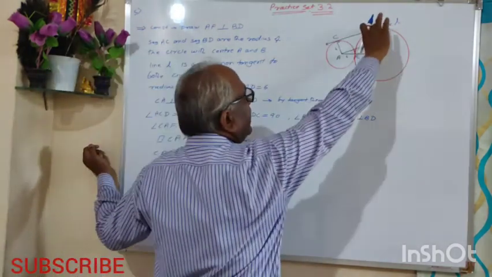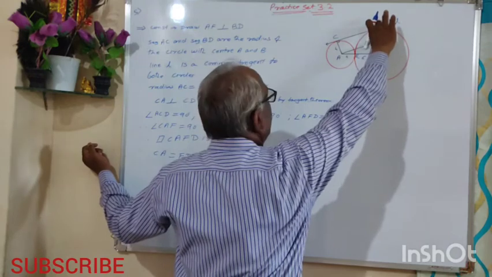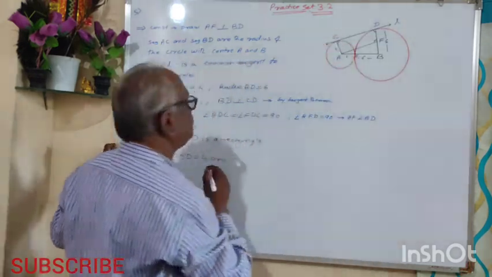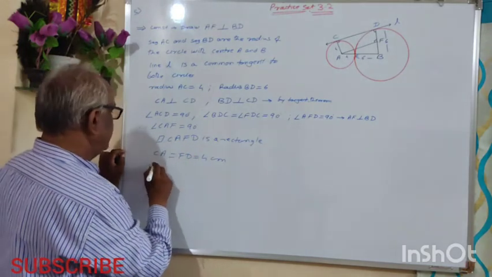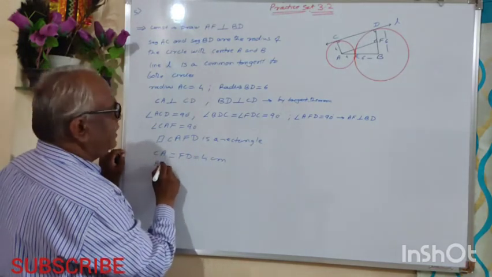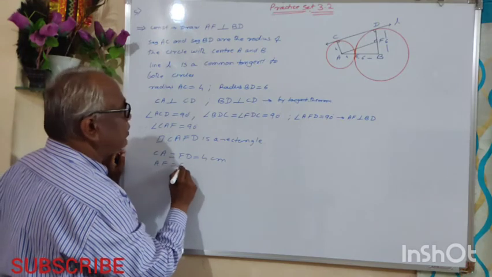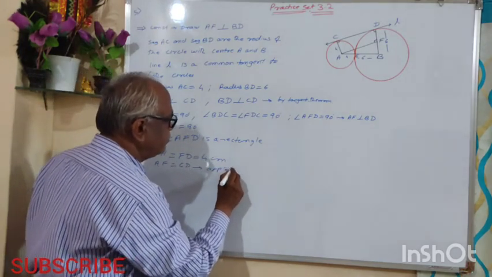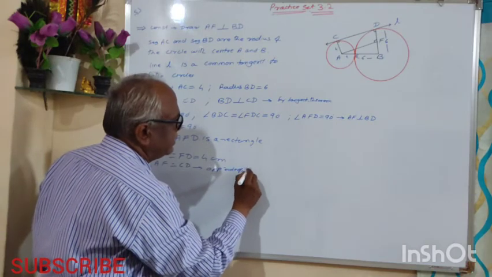Now CA and FD, they are the opposite sides of the rectangle, and AF is equal to CD. Here also opposite side of rectangle.